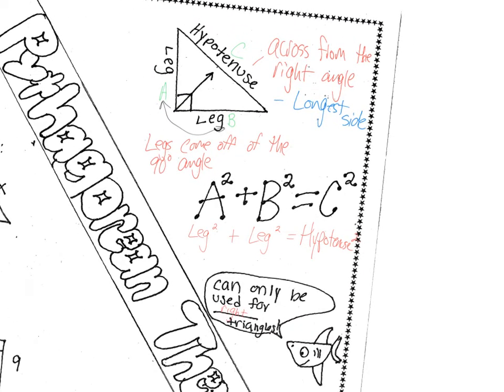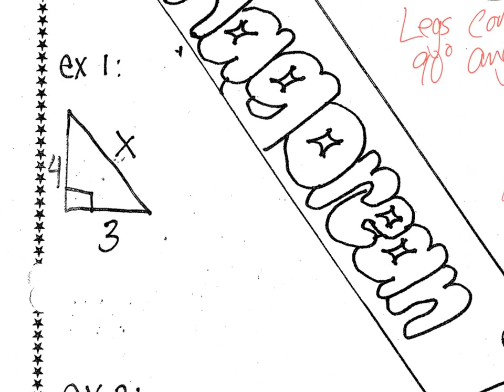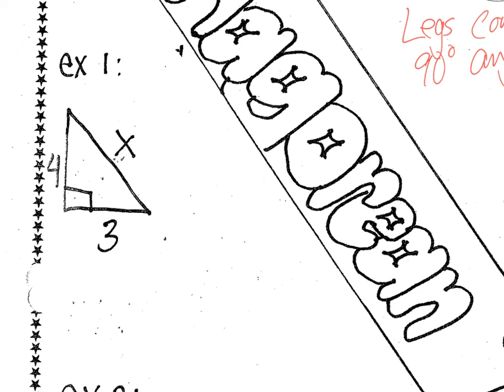Now, going back to our examples, I've got 3 and 4 as my legs. I know that because they're right next to the right angle. And I'm looking to figure out what the hypotenuse is.